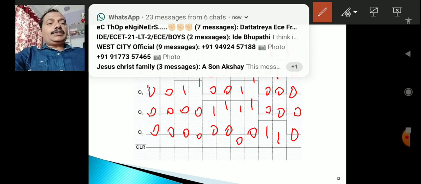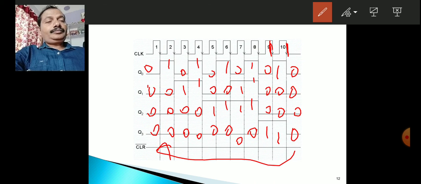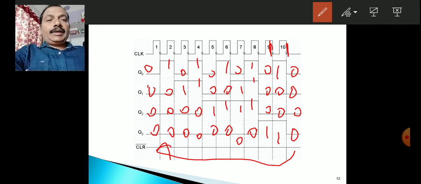It is reset to zeros. So now once again the count starts like this. That is, the clear input is 0 at this state. So this is the timing diagram of the decade counter.